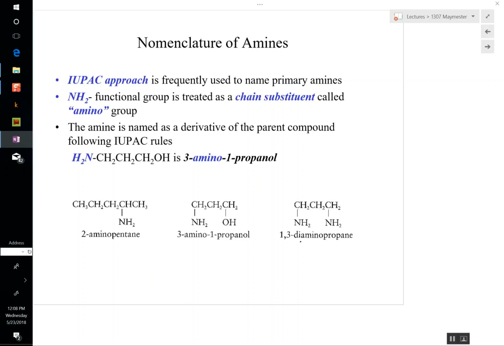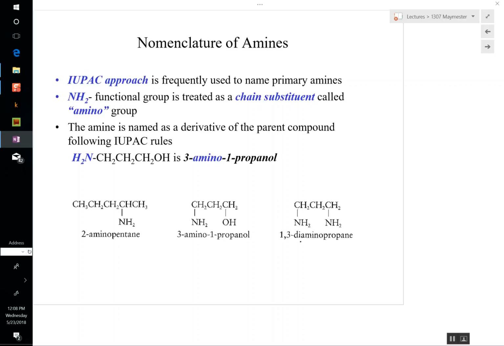Okay, here we got an amine and an alcohol on the same molecule. So what we're doing here is treating this as an alcohol, and it's not 2-propanol, it's 1-propanol. So if that's 1, 2, 3, it's 3-amino-1-propanol.